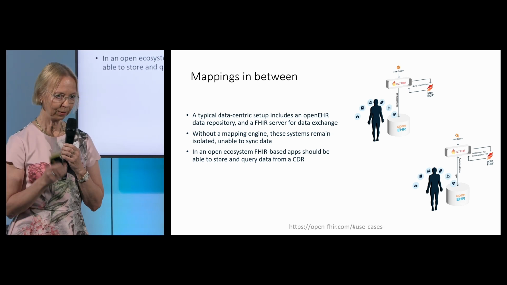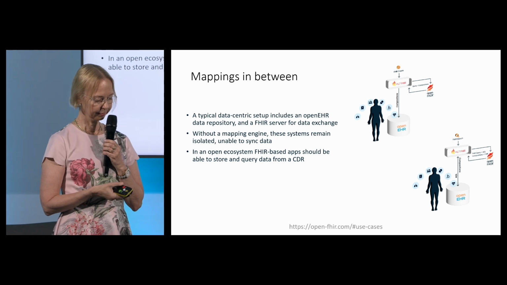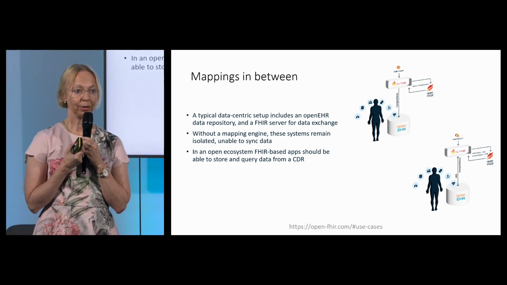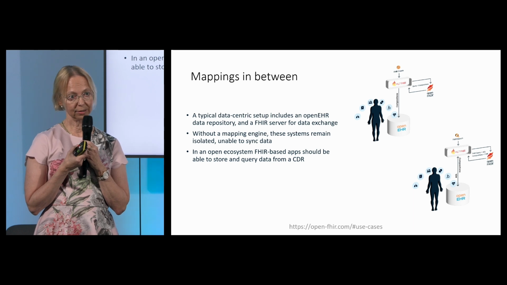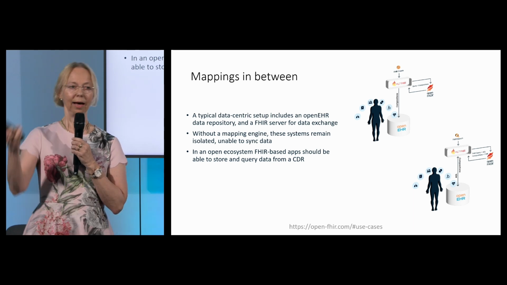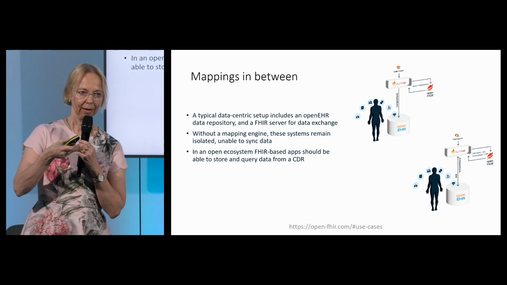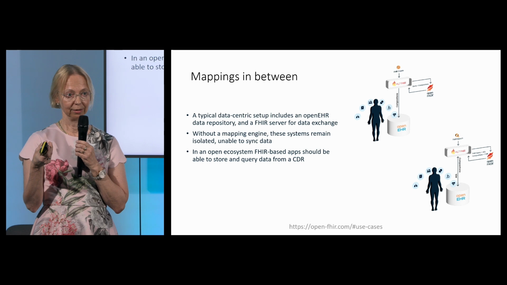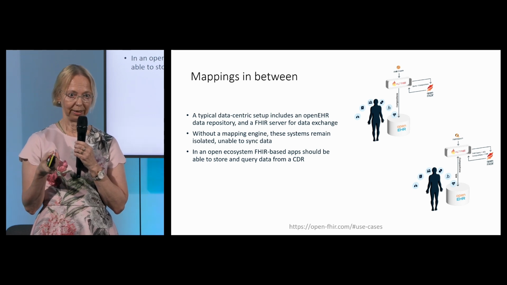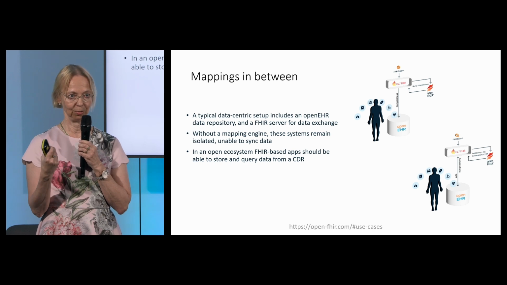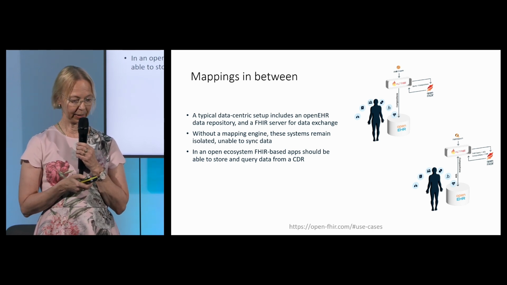And now I'm happy to tell you that look at this link there. You can find open source mappings between OpenEHR and FHIR, and vice versa. And also an OpenEHR mapping engine, to really make this concrete. I'm so happy about this. This is like recent news from this spring.